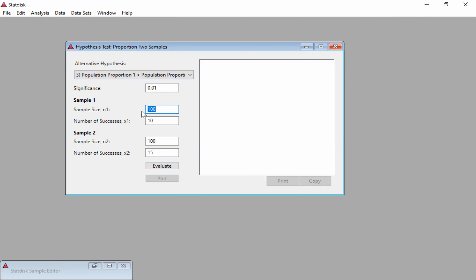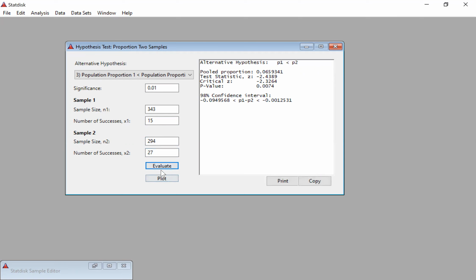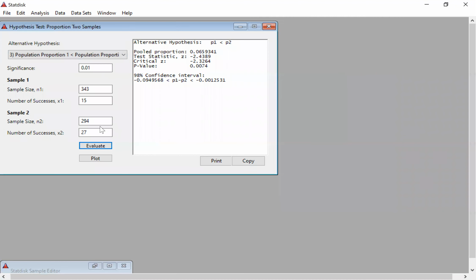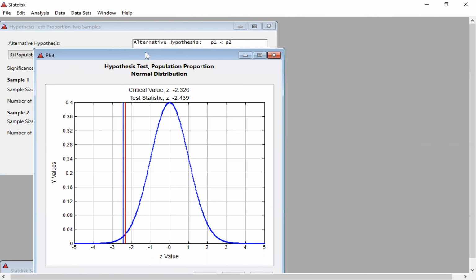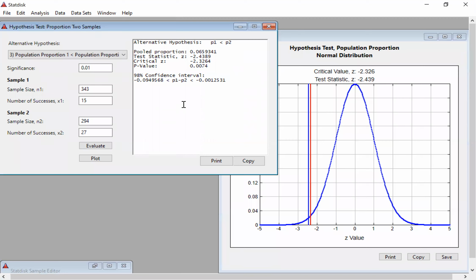And then now we'll put in our information for sample 1 there, our information for sample 2, and then we can go ahead and hit evaluate, and we can hit plot as well.